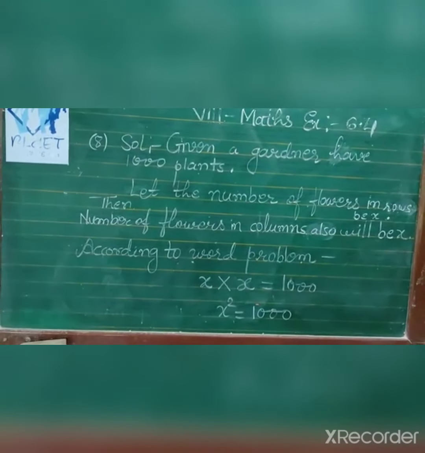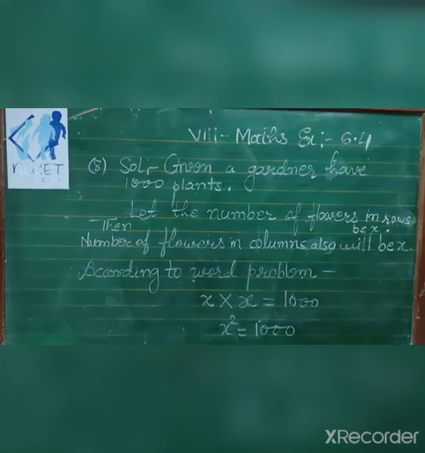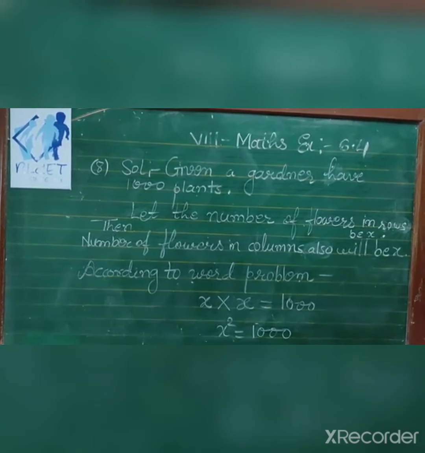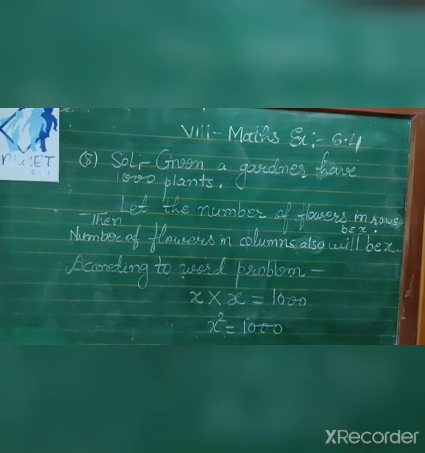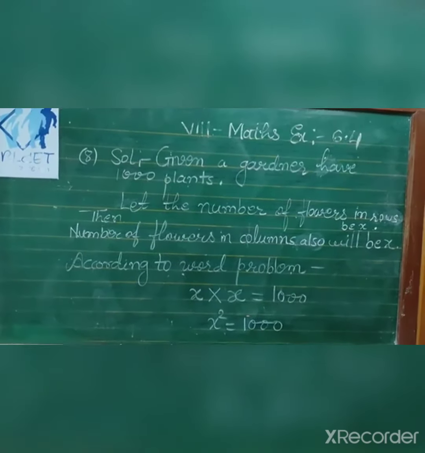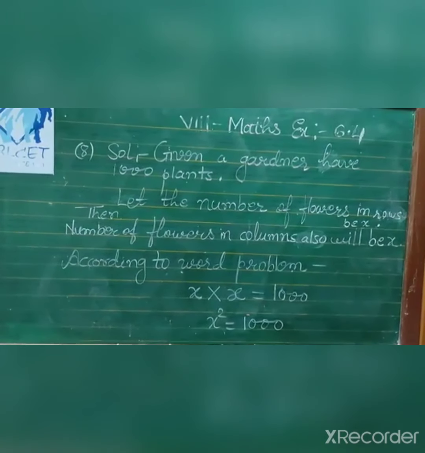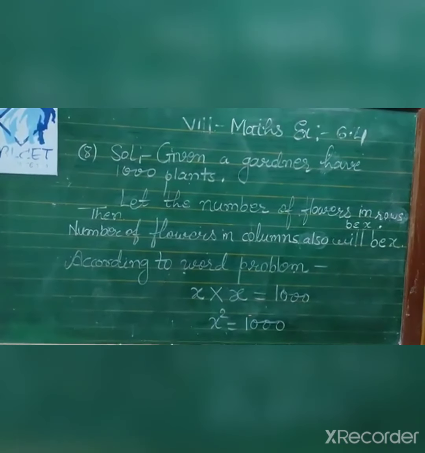After that, by the division method you will try to find the square root of 1000. If any remainder is there, you can take more flowers, but you can't take fewer than 1000 flowers. So the addition method you will apply.